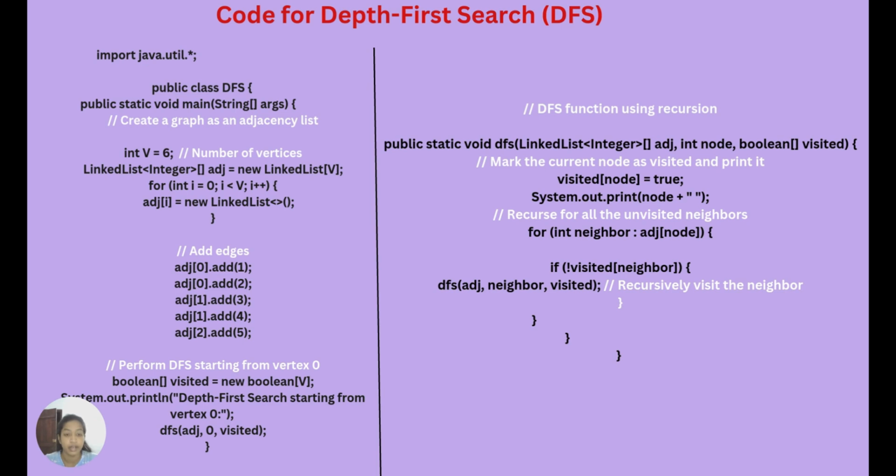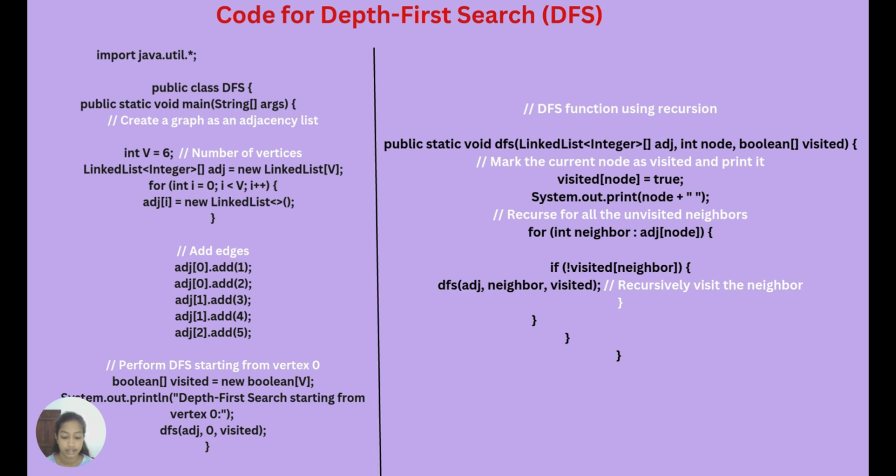This program starts by defining a graph with six vertices. A graph is represented as an adjacency list where each vertex has a list of connected neighboring vertices. Integer V equals 6, the number of vertices.